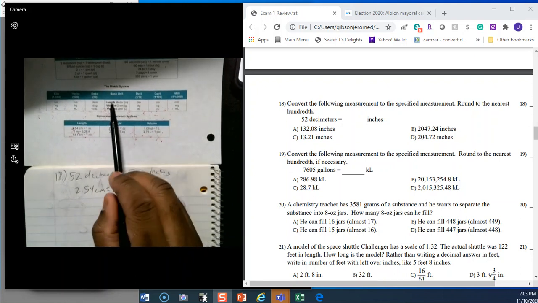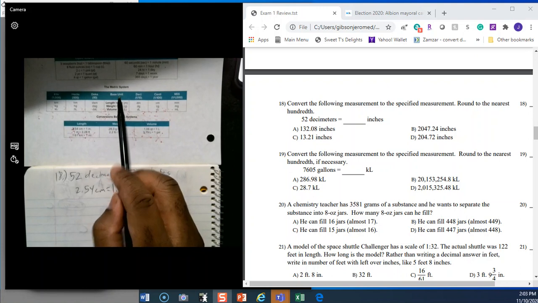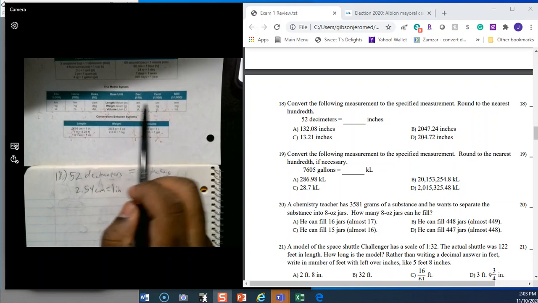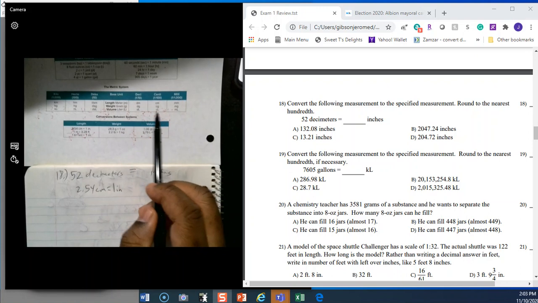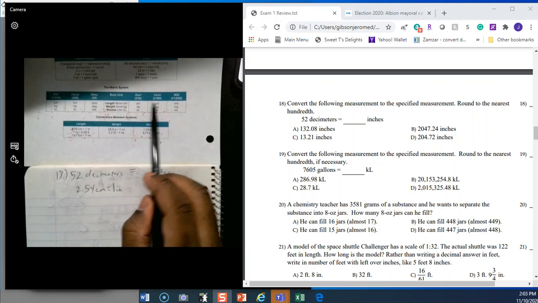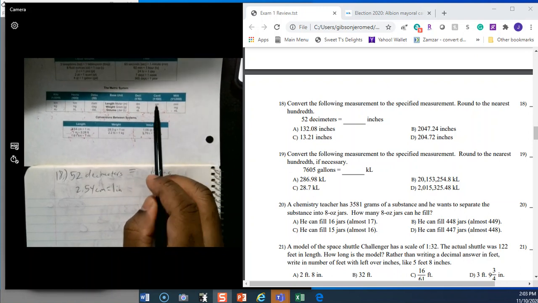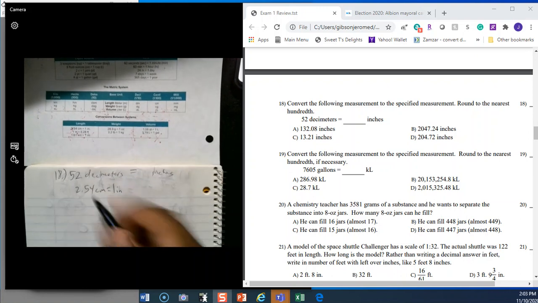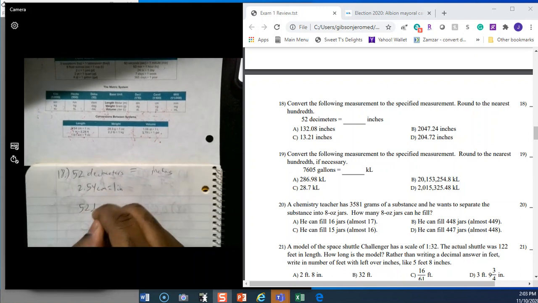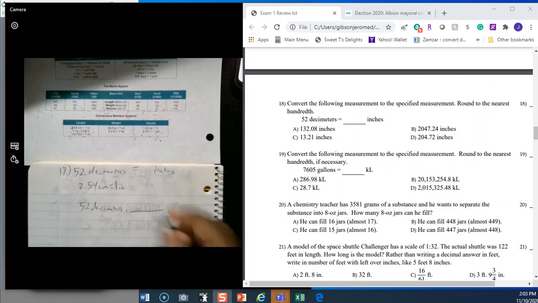So first of all, we need to go here to the metric system. Now, decimeters is a little larger than centimeters. It takes 10 centimeters to equal 1 decimeter. So basically what we would do, we would take the 52 decimeters and we would multiply it.